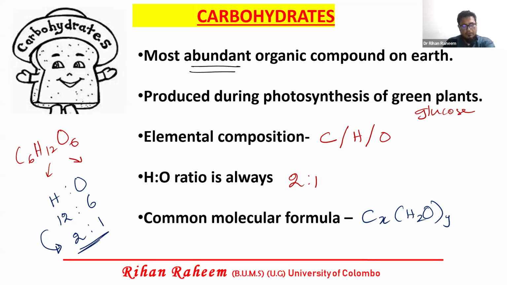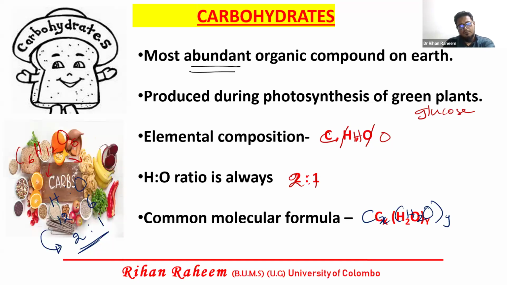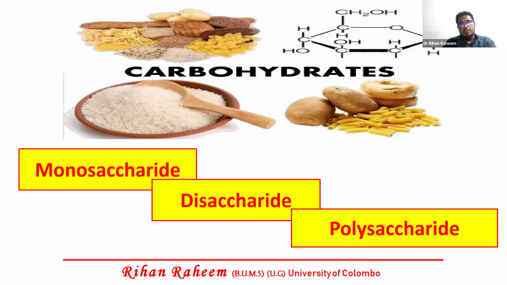Now let's go to page number 5 in the tube. Types of carbohydrate. There are 3 types of carbohydrate: monosaccharide, disaccharide, and polysaccharide. Repeat it again. These are new names for you all. The more you repeat, you will understand it.